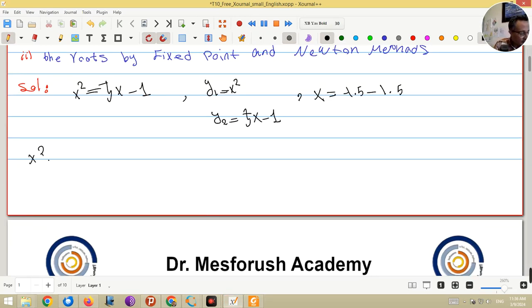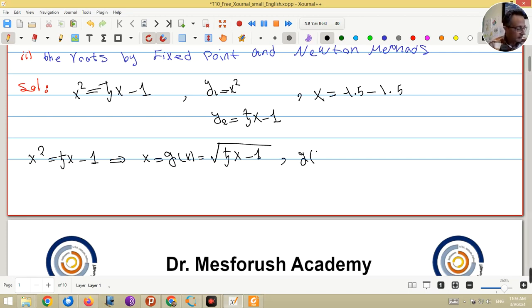Consider x squared equal to tangent of x minus 1. This gets x equal to g of x equal to square root of tangent of x minus 1. But this is not acceptable. Why?